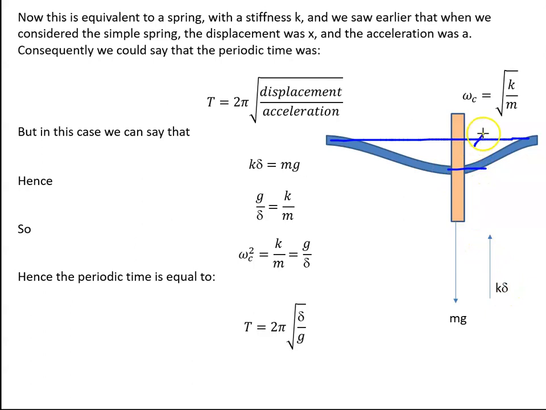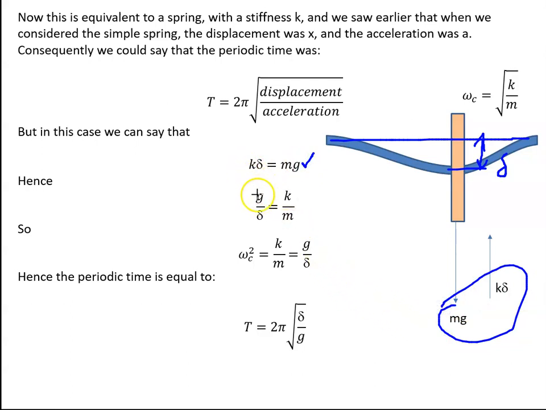Okay, so this is deflection d, the static deflection d. So if it's in equilibrium statically, so it's not turning at this stage, it's just a static shaft, then we can say that kd is equal to mg. Okay, that's from this guy over here.